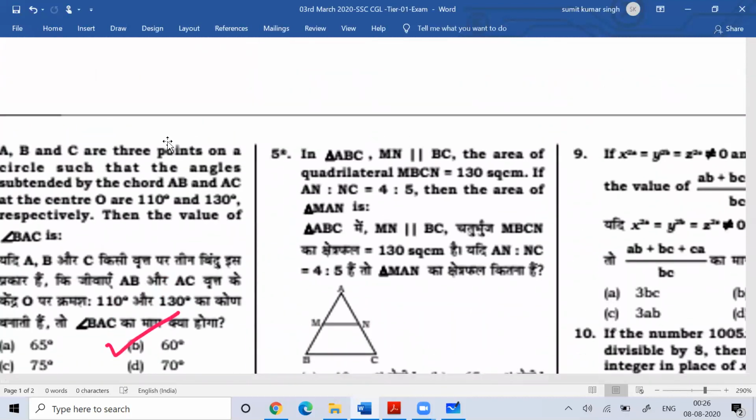Now you can see question number 5. In triangle ABC, MN is parallel to BC. So you know that triangle AMN will be similar to triangle ABC. The area of the quadrilateral MNCP is given to you.